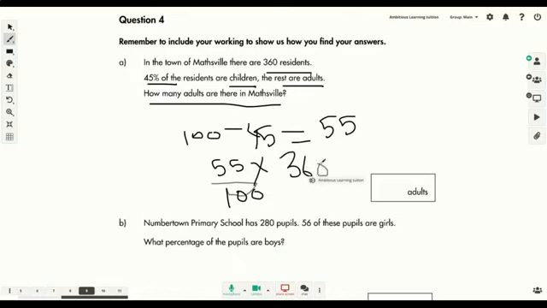Again, you could do it this way, or you could do another way, that is 0.55 multiplied by 360. That gives you 198. So there are 198 adults. So let's move on to the next one.